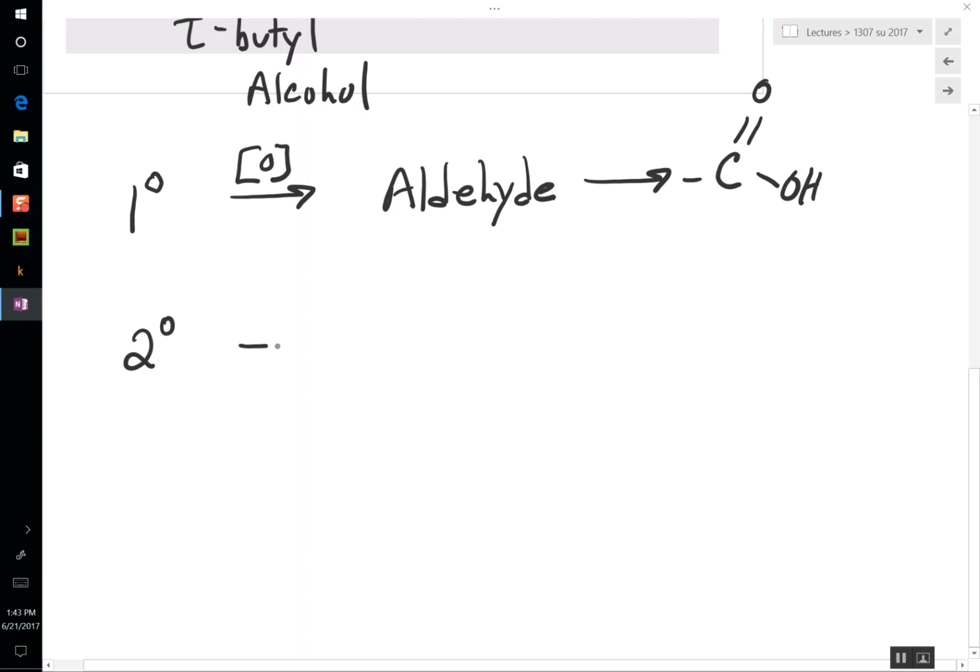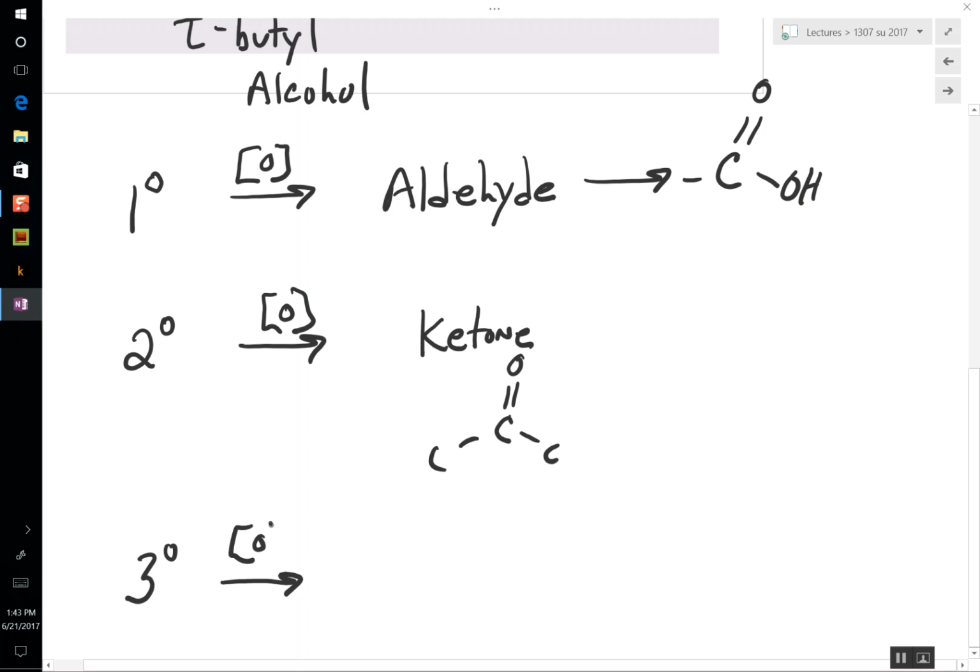Secondary alcohol oxidizes to a ketone, and that's it. Stops right there. Tertiary alcohol does not oxidize. No reaction.